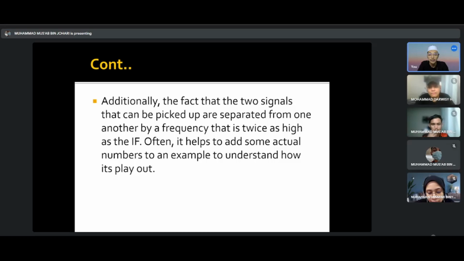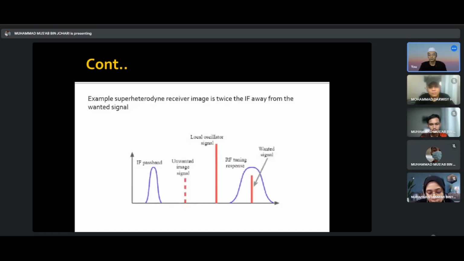Often, it helps to add some actual numbers to an example to understand how it plays out. This is an example of a superheterodyne receiver image, which is twice the IF away from the wanted signal.